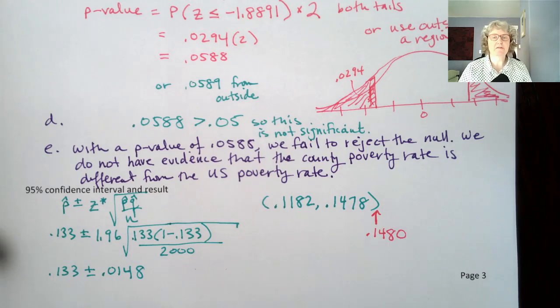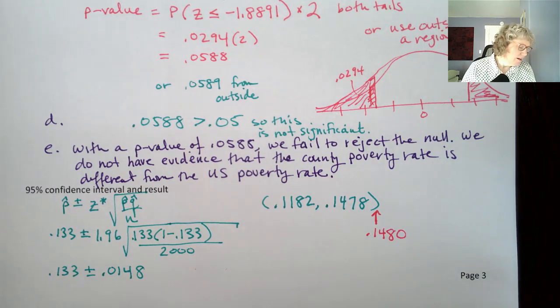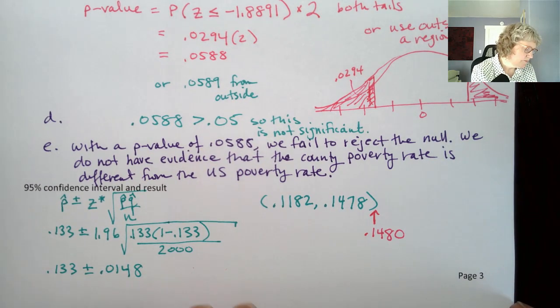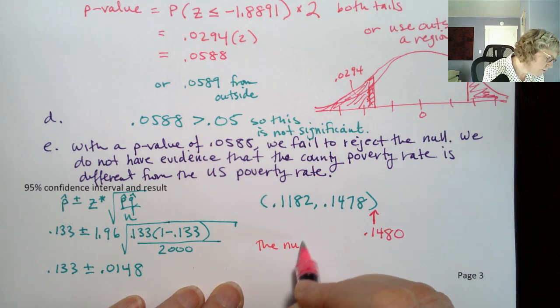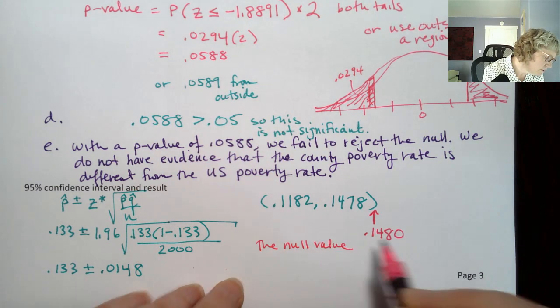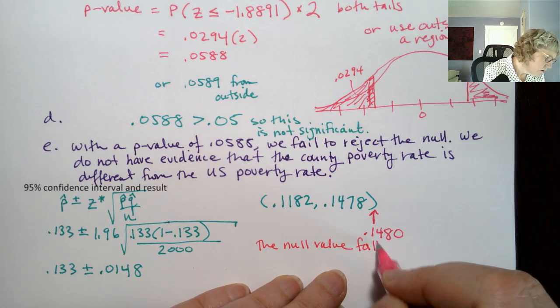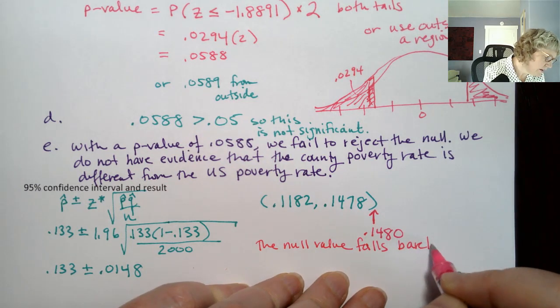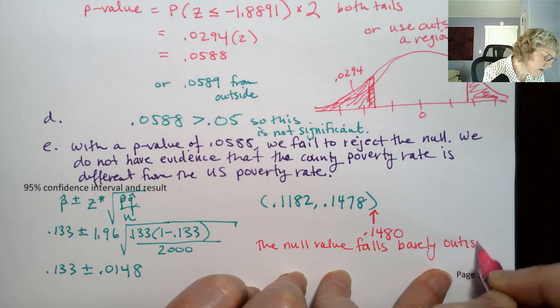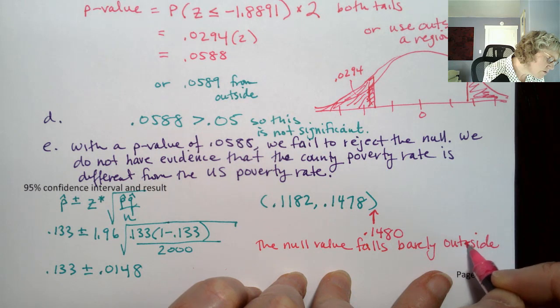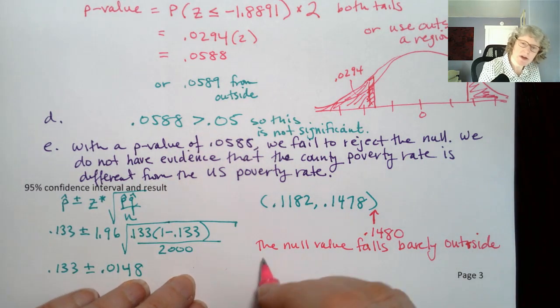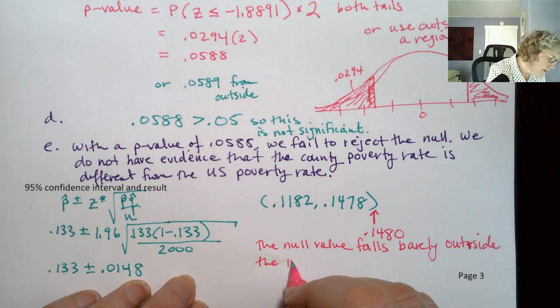But we've also seen from our simulation that we could have gotten two different answers, right? So this one is definitely borderline. So I would say on this one, the null value falls barely outside the interval.